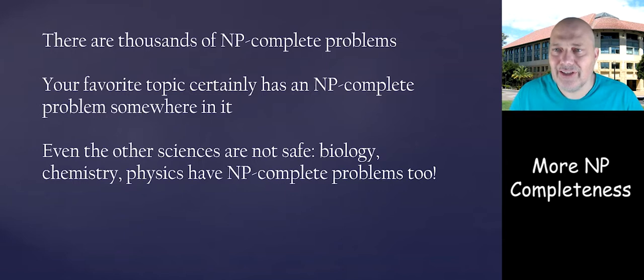So other fields have continued to adopt and show NP-completeness even after we learned to put NP-completeness in its right place. It's not the end of the discussion, but rather the beginning. And indeed, in some future video, we'll discuss a little bit what to do when something is NP-complete.